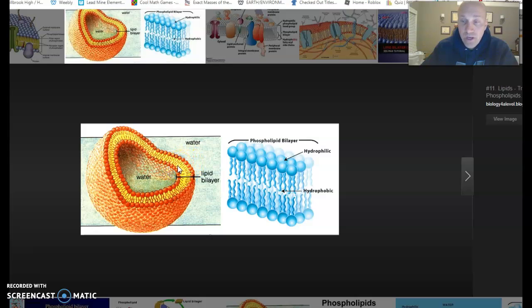All right, that's why it makes a great membrane. All right, you can separate one water environment from another water environment because the water that's inside here really doesn't want to go from this side to this side, because it would have to travel through this region right here, which is really not that friendly for water.